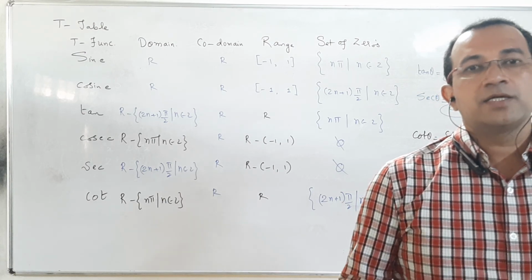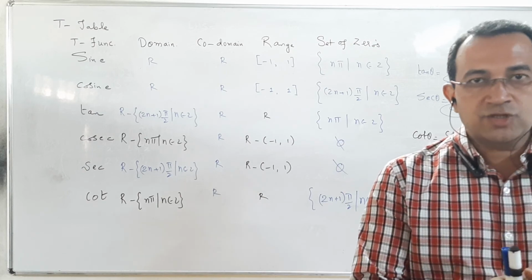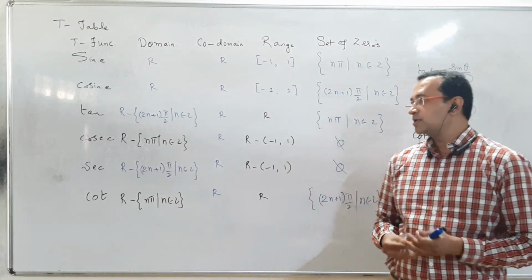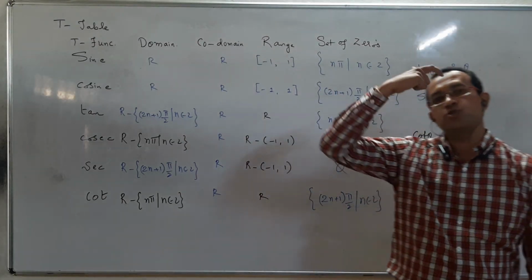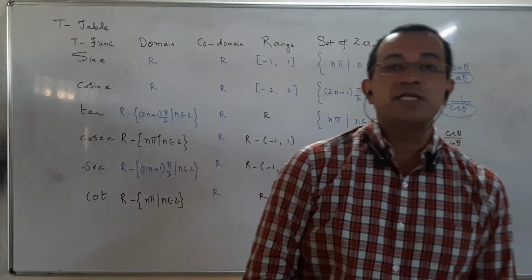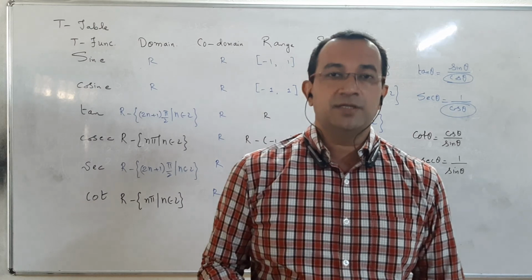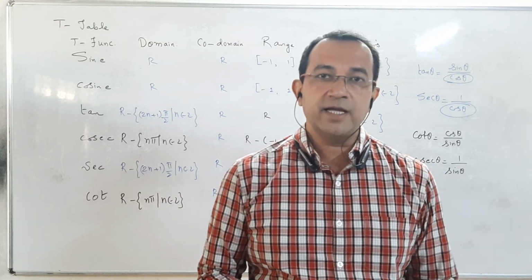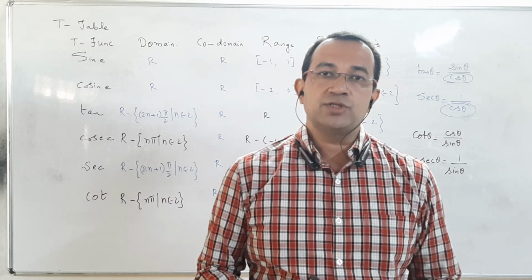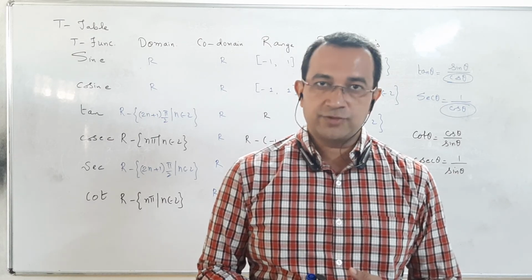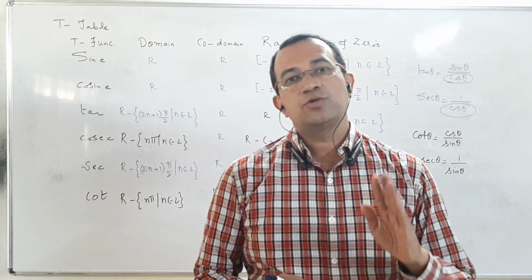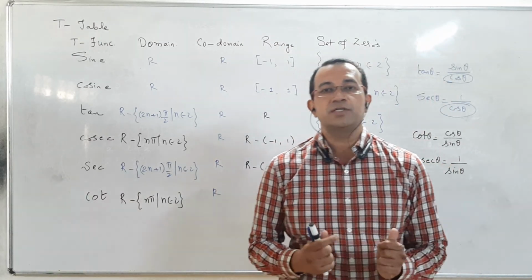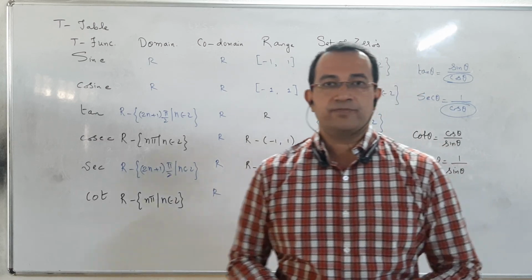This table is very useful in chemistry also, and throughout your engineering this table will be very useful to you, students. So this T table is a D table, a decisive table. This will decide your applications on the basis of trigonometry. So I request you to thoroughly write and memorize this T table.